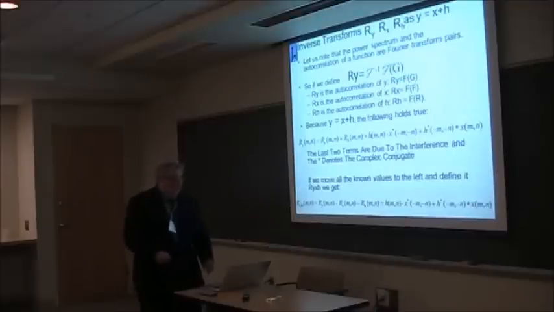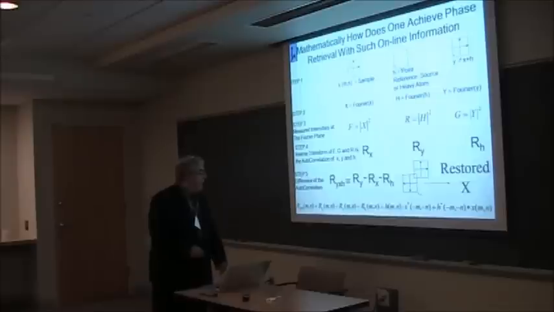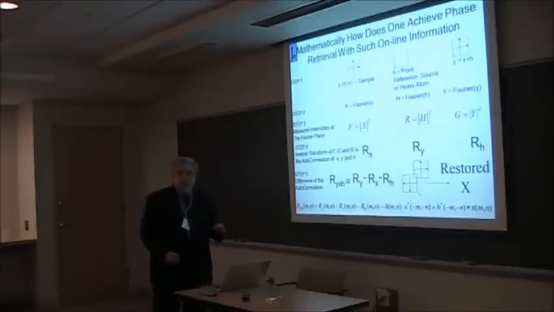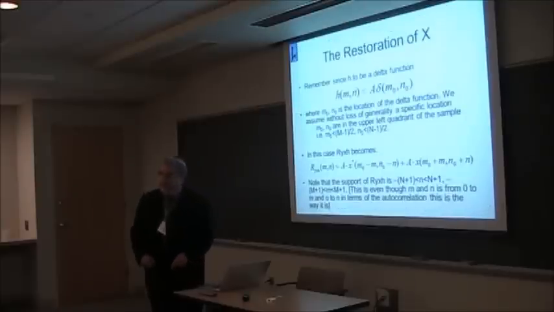So now, placing that equation over here, but placing all the things we do know, we know Ry, we know Rx, we know Rh, we don't know this. But what's critical is that h is a delta function, and therefore you can replace h by simply the amplitude.